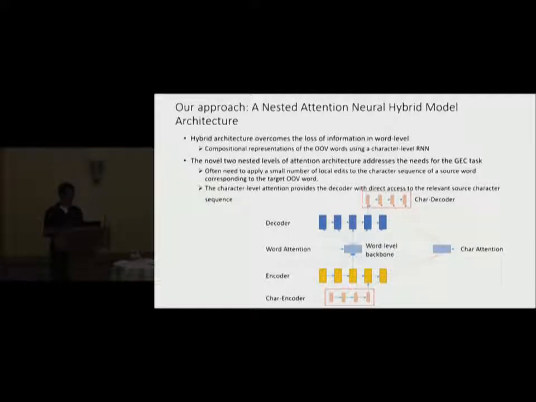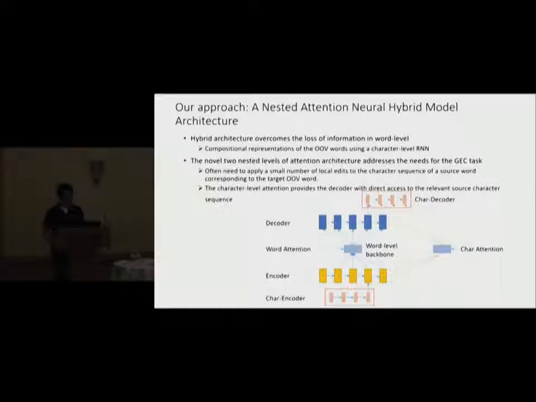There are two things that we propose here. One is the hybrid architecture, which overcomes the loss of information at the word level, and we compose the representation of the OOV words using the character RNN model.